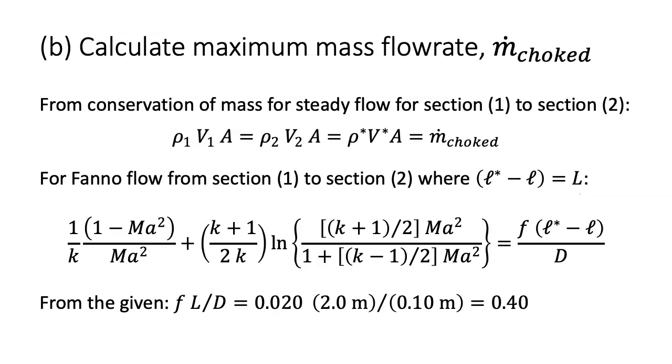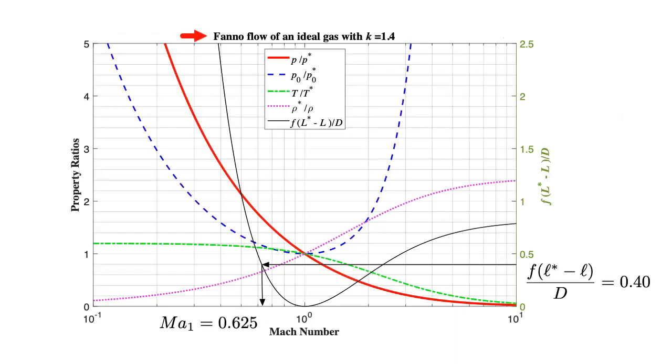Setting the equation given to this value allows us to solve for the Mach number at section 1. A closed form solution cannot be obtained, so we can either use a figure or an online calculator to get a value. We will use the figure for Fanno flow for an ideal gas with constant specific heat ratio of 1.4 for this example problem.